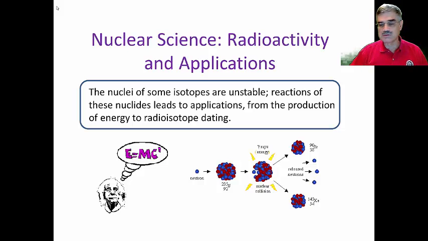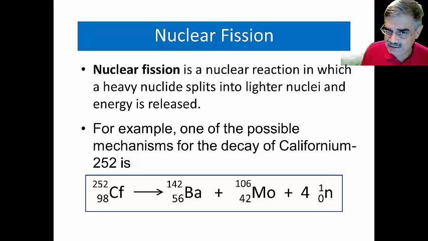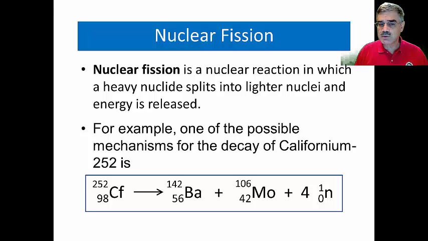about their importance. A nuclear fission reaction is one in which a heavy nuclide, that is one of the big guys, is split into two smaller, lighter nuclides. And generally energy is released when this happens. An example of this is written at the bottom of the slide with californium-252.